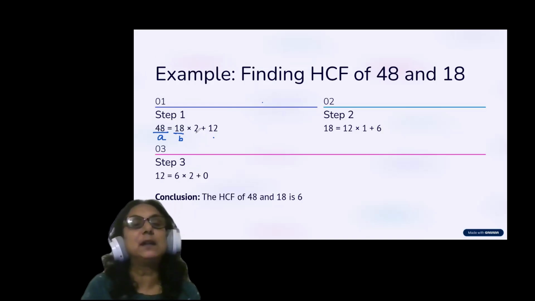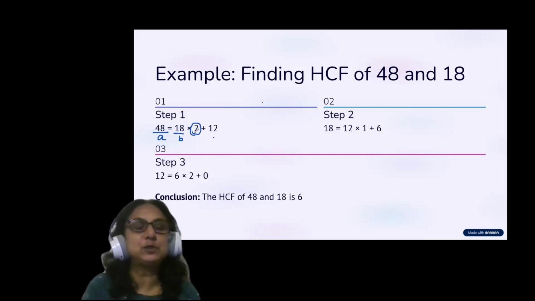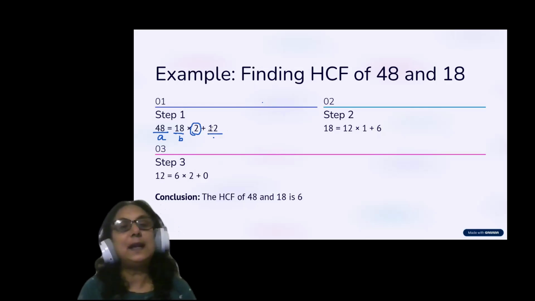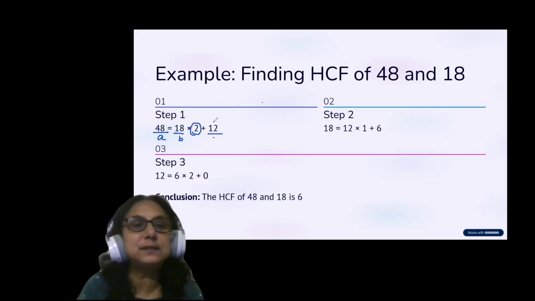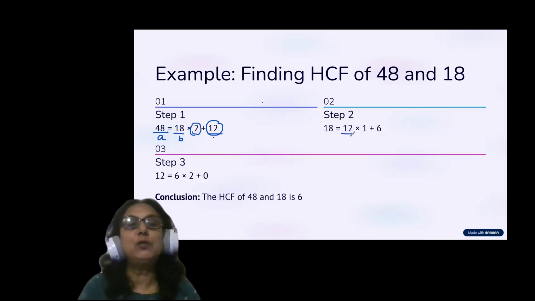Two groups, so 48 equals 18 times 2 plus the leftover 12. In the next step, we make this remainder the divisor, so the divisor becomes 12 and the previous divisor 18 becomes the dividend.